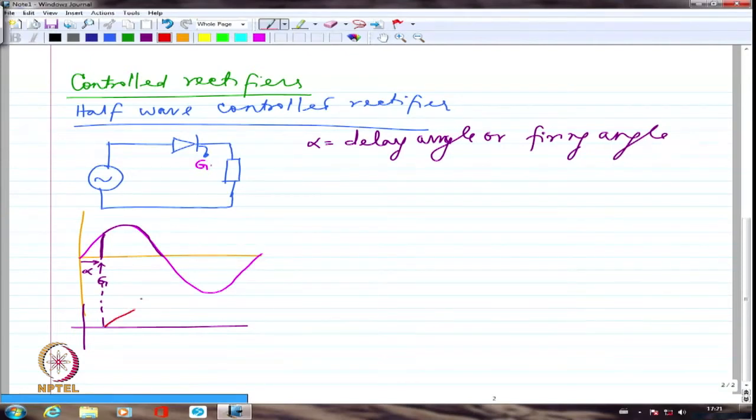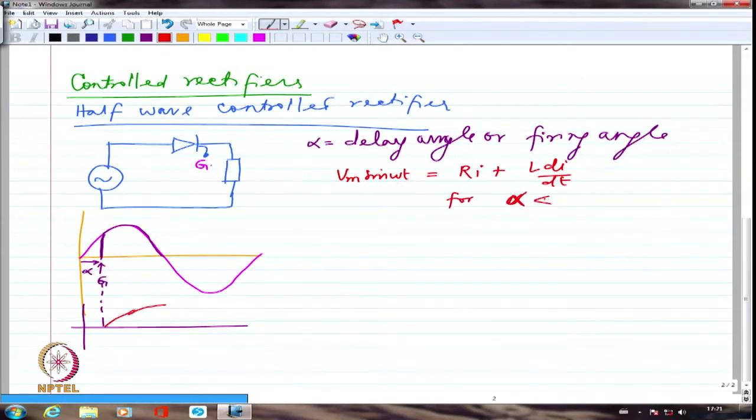It will rise, and until what point it will rise depends upon what we wrote as the equation, if you may recall: Vm sin omega t equal to Ri plus L di by dt. This will be the governing equation, and this is true when I start from alpha.